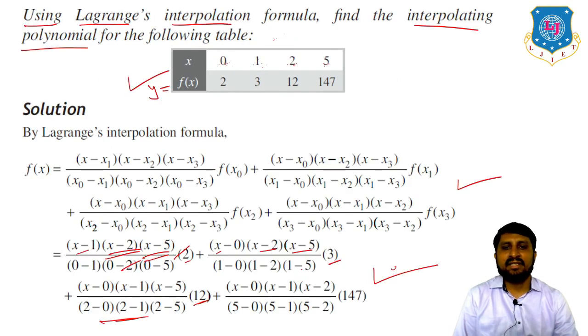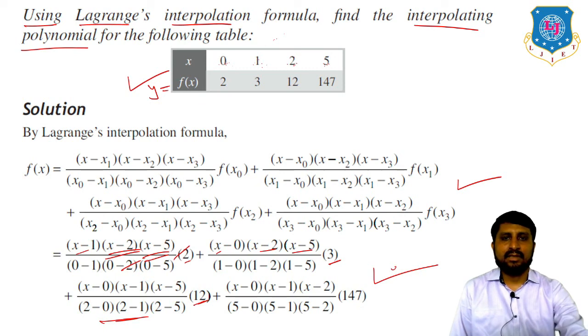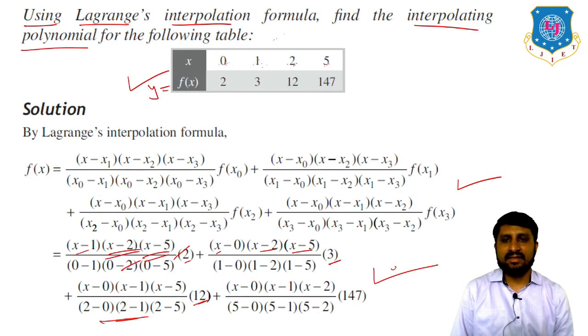Here similarly, x minus 0, x minus 1, x minus 2. When we multiply these two terms, x minus 1 and x minus 5, that is x square minus x minus 5x, so that is minus 6x plus 6.